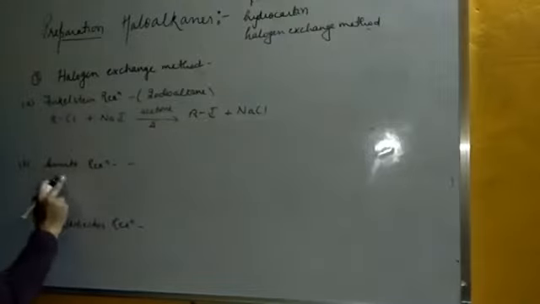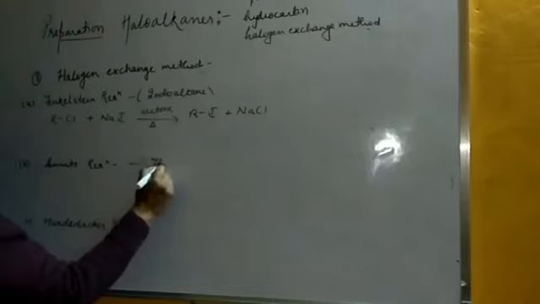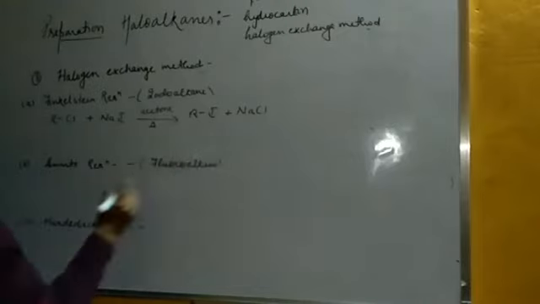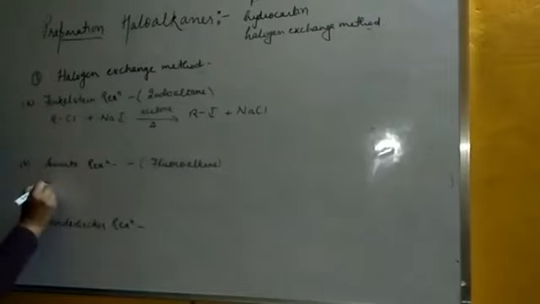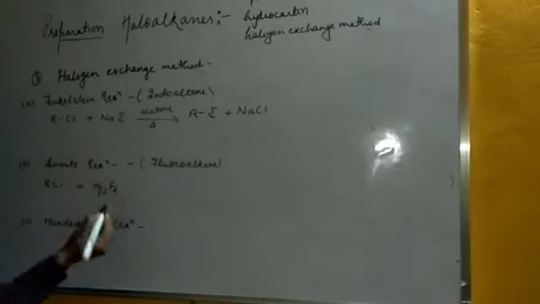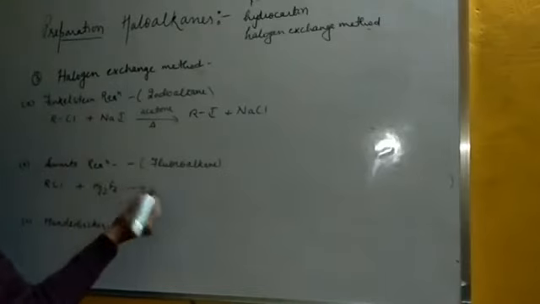Similarly, students, we have the Swarts reaction. This is the fluoroalkane formation method. In it, RCl, a chloroalkane, is reacted with a fluorine-containing compound, let it be mercurous fluoride, or we can take AgF, or CoF3 also.